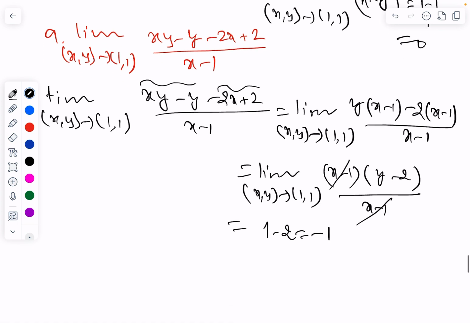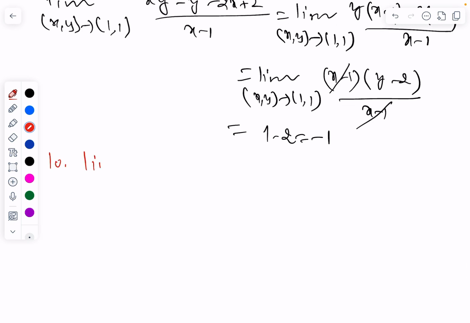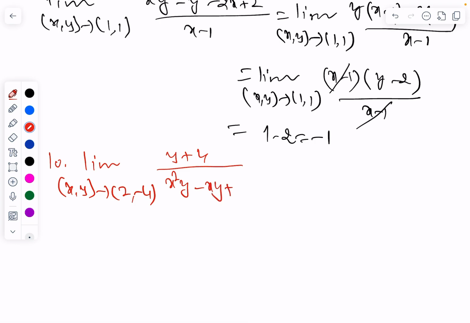Same way, you can have limit xy tends to 2, minus 4, y plus 4 over x square y minus xy plus 4x square minus 4x.